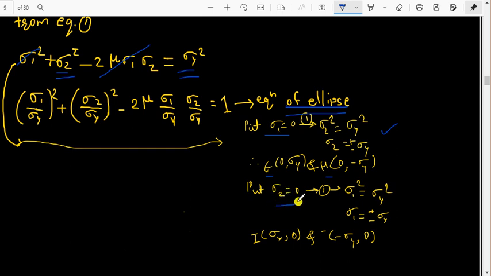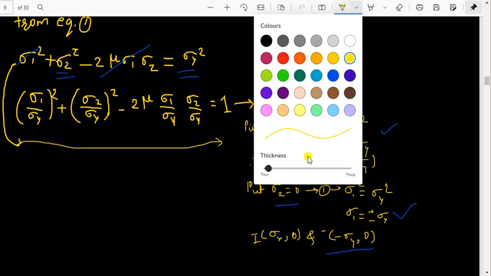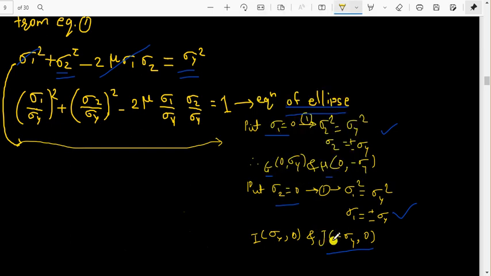Similarly, we will put sigma 2 equal to 0 in equation 1. So we will get sigma 1 equal to plus minus sigma y. And that's why the points will be point I, sigma y comma 0, and this point J will be minus sigma y comma 0.